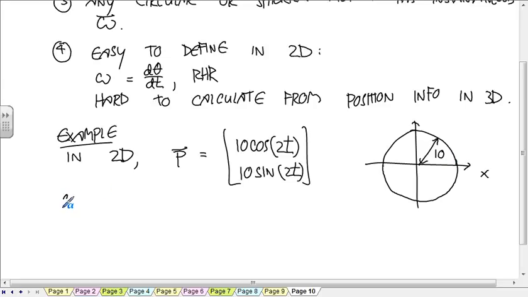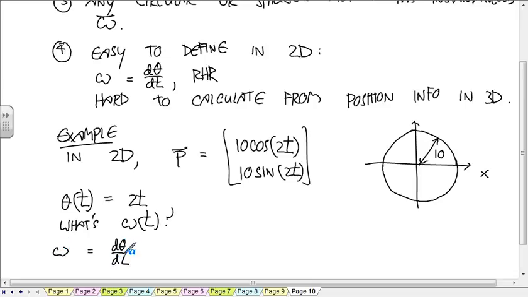So theta as a function of time is just equal to 2t. And so now if you wanted to calculate the angular velocity as a function of time, then omega is just equal to d theta dt. It's just equal to 2, whatever the units are, radians per second.